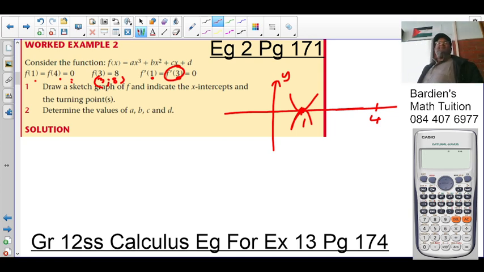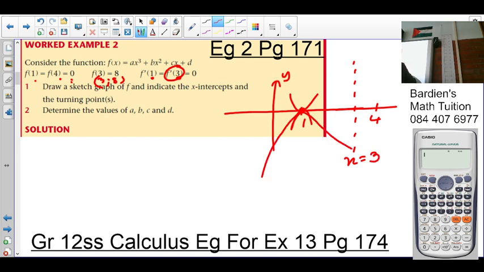You guys see that? And it's going through a turning point at x equal to 3. Now I can't let the graph go through like this because the graph is going through 3 and 8. Can you see that? So it can't go through 3 and 8 there because this is on the negative part of your y-axis. That is why it has to be on top.